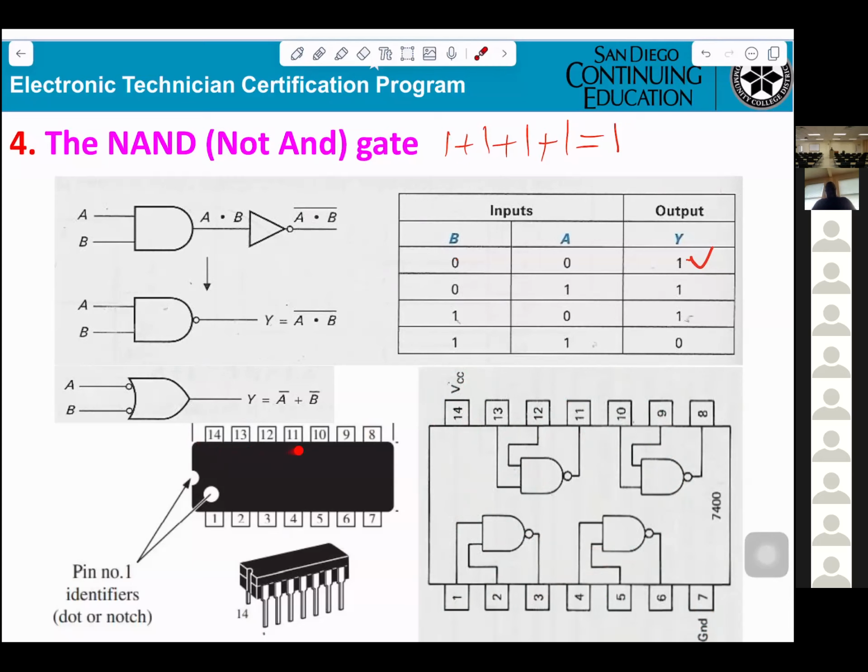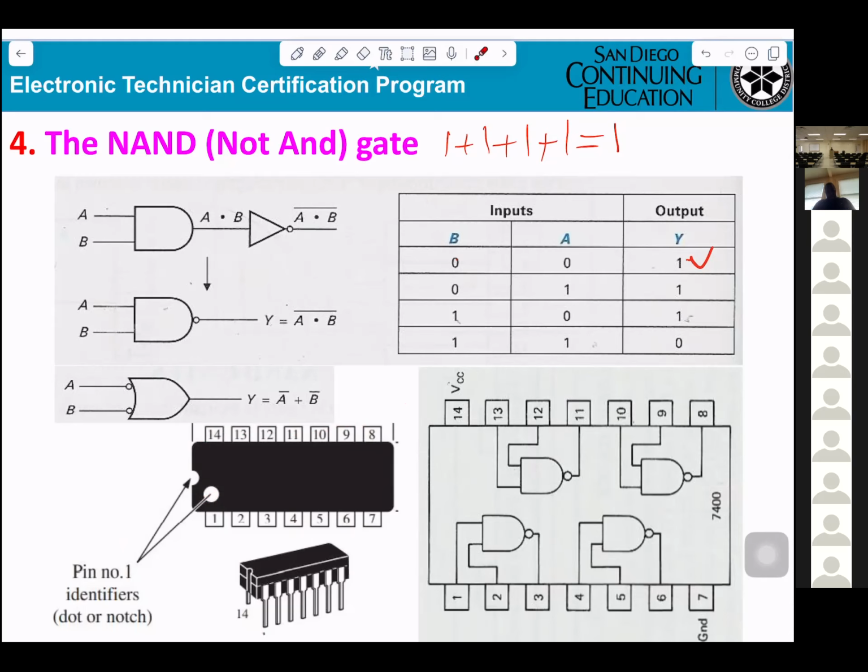And this is how the IC looks. In order to identify pin 1, you see that this end is not normal and you get a dot here. So it starts from 1, 2, 3, 4, 5, 6, 7, and then 8 to 14. Pin number 1 identified.